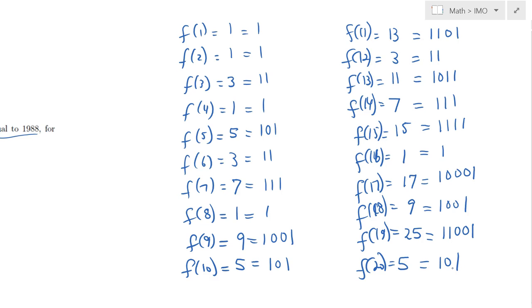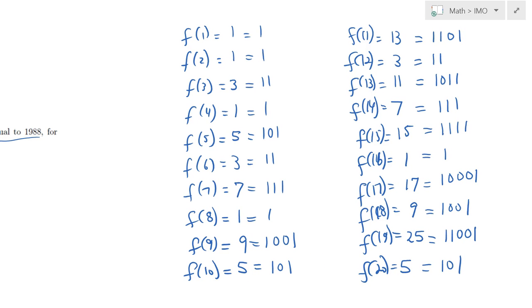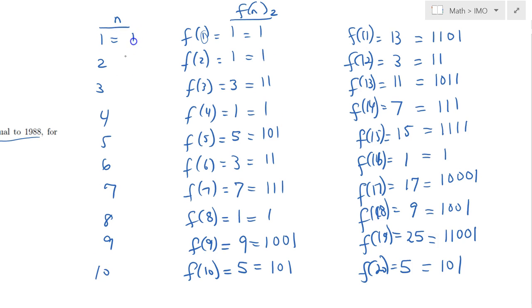So when you look at the binary representation, life is okay, but the idea is the following. If you look at the numbers n in base 10, somehow they are mapped to f of n in base 2. So this is the new column that we just produced. 8, 9, 10. So this one is 1 0.